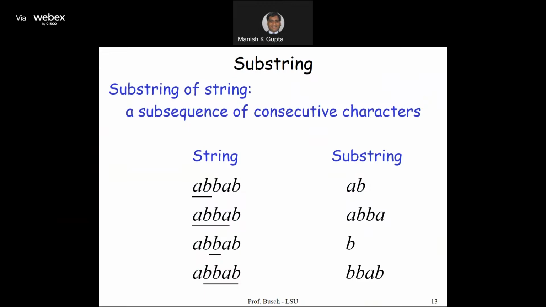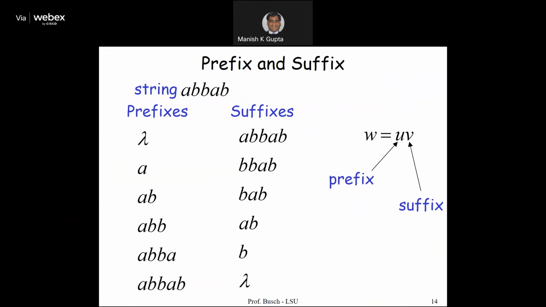By the way, a substring is something very simple. If a string is there, you take some subset of the symbols, consecutive ones, and that will be a substring. Different kinds of substrings are possible. Prefix and suffix are also very straightforward. You can see that for that string, different prefixes and different suffixes are written. Any question up to this point?